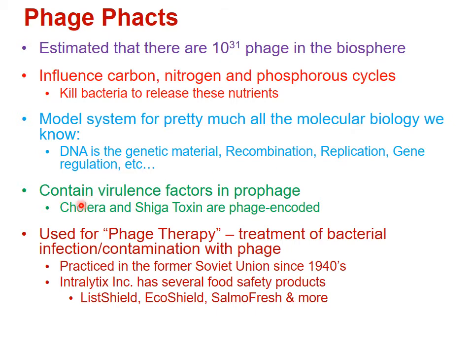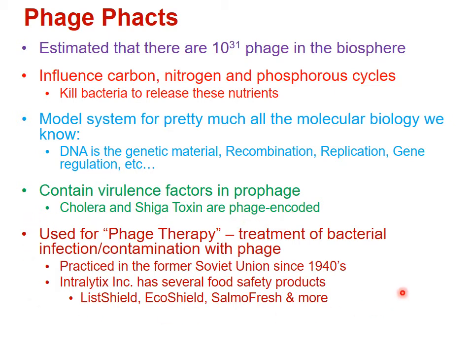Some really interesting things: some of the virulence factors for different bacteria, for cholera and Shiga, are actually contained in genomes of bacteriophage that have integrated themselves into the bacterial chromosome. So they are bacteriophage encoded.